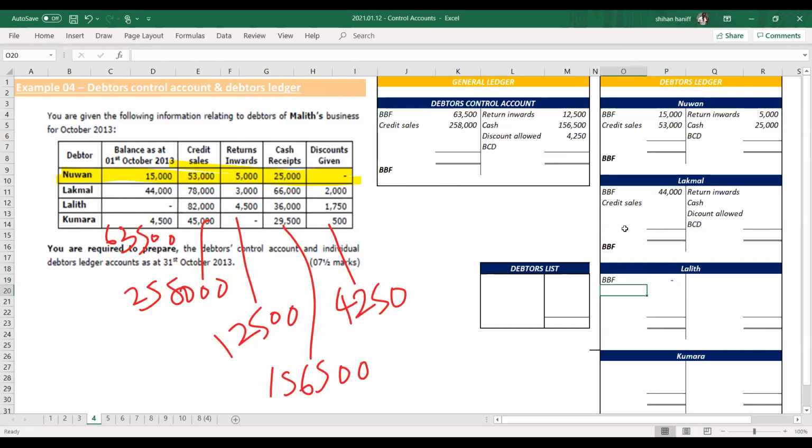Lalit, no opening balance. Then we have credit sales, return inwards, cash receipts, discount. Kumara, balance brought forward, credit sales, no returns, cash, discount, balance right.